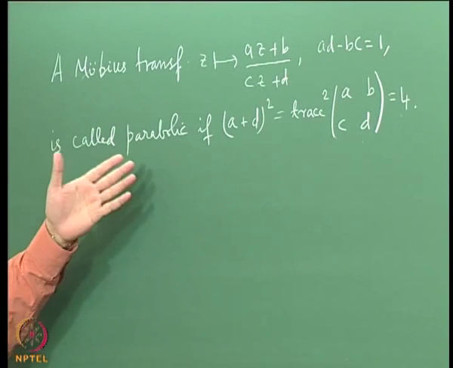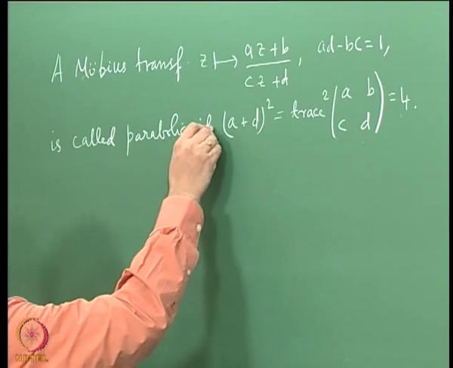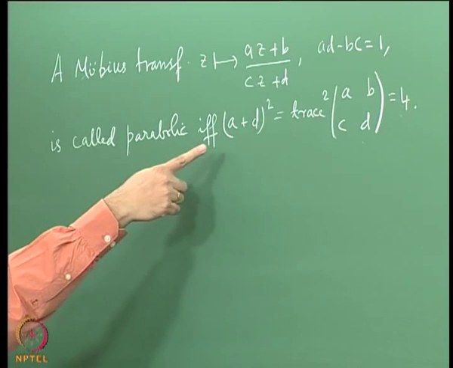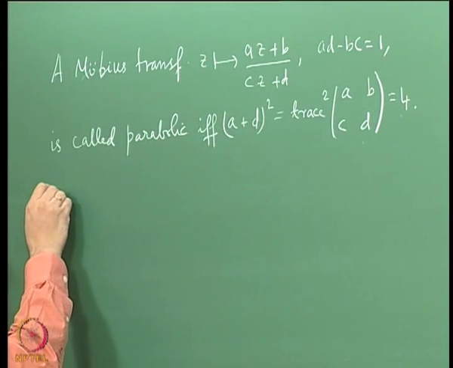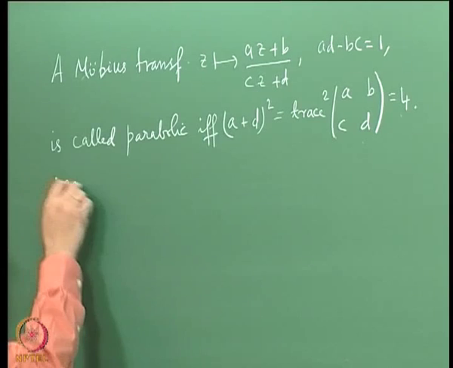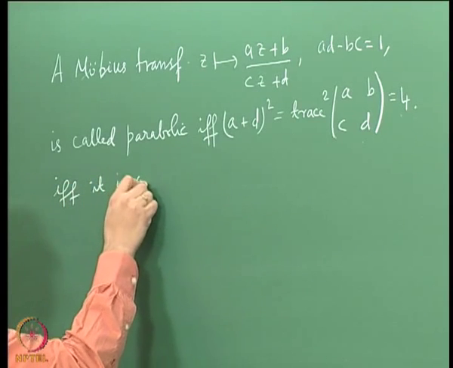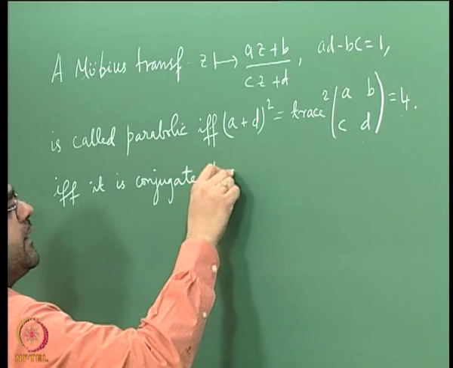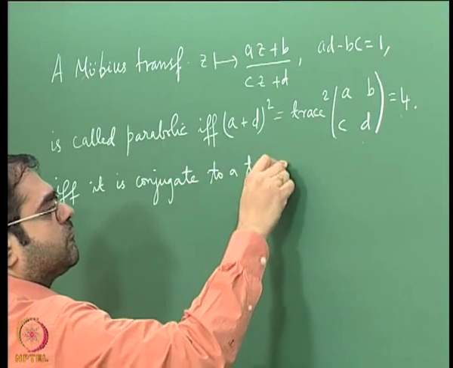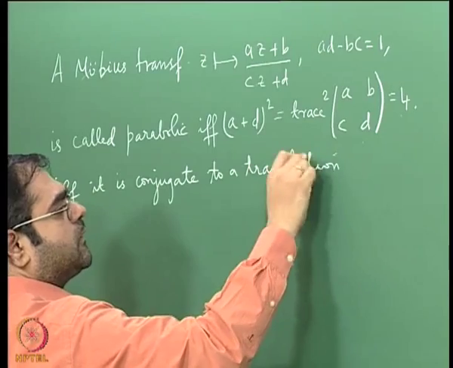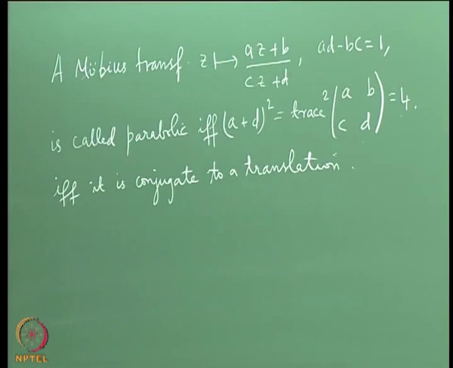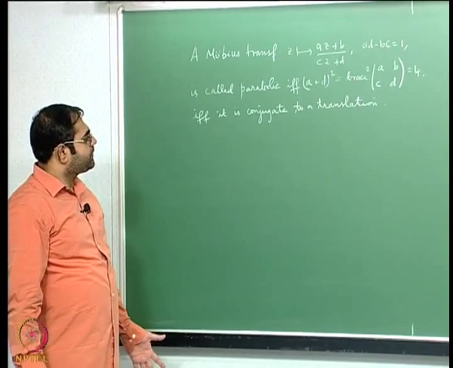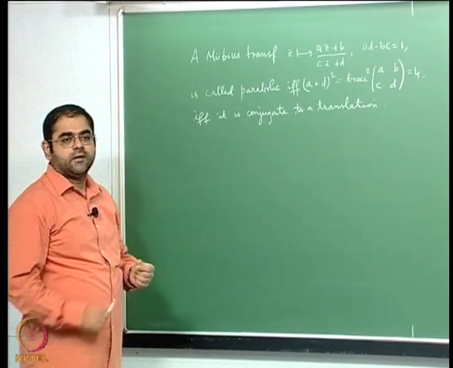In fact, what I proved yesterday, in the last lecture, was that it is parabolic if and only if this is equal to 4, if and only if it is conjugate to a translation. Okay, so this is what I proved yesterday.